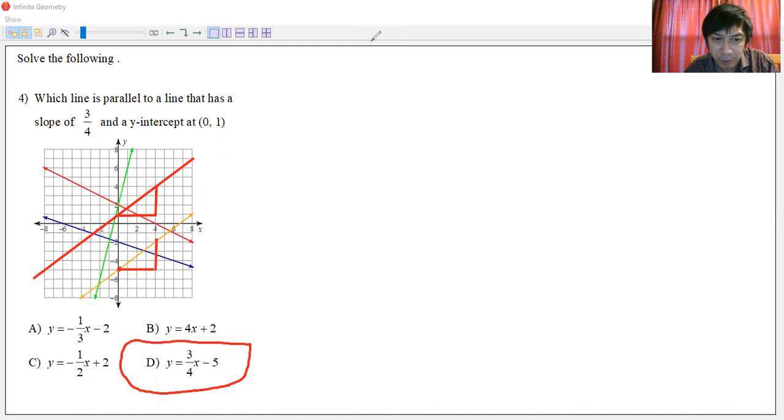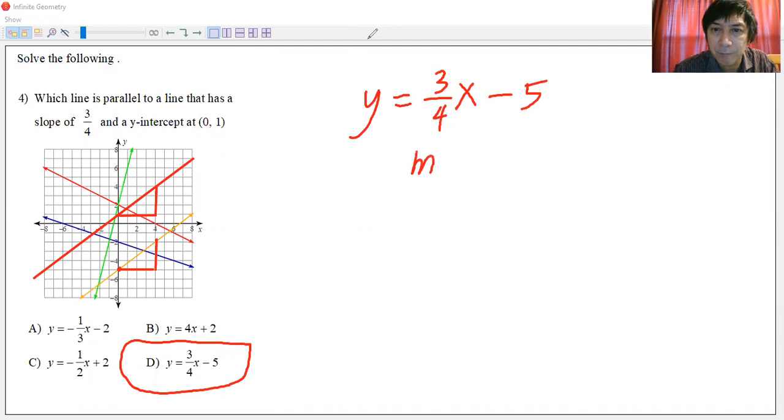Okay, you can see Y is equal to... that's positive, right? That's positive. Y is 3/4 x minus 5. Okay, and the slope is 3/4 there. The y-intercept is -5 there. And you can see it right here.